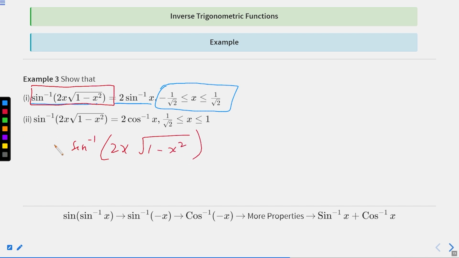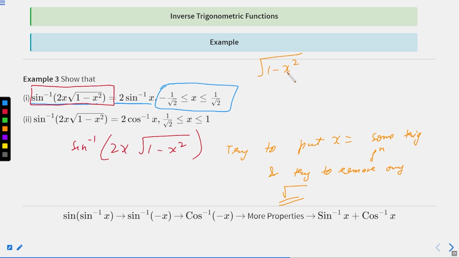Now in such questions, what you will do is try to put x equal to some trigonometric function, and try to remove any root if there. As you can see, there is 1 minus x square.